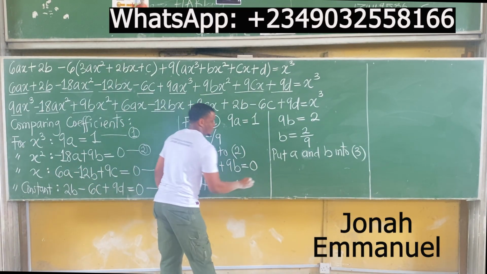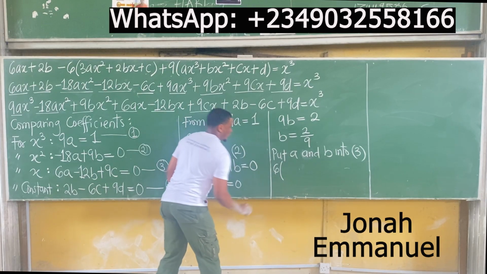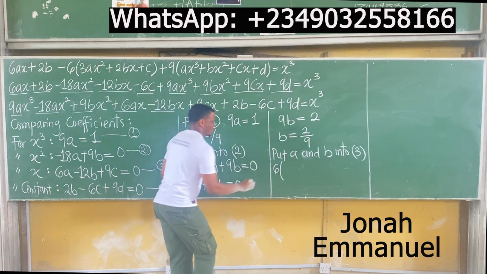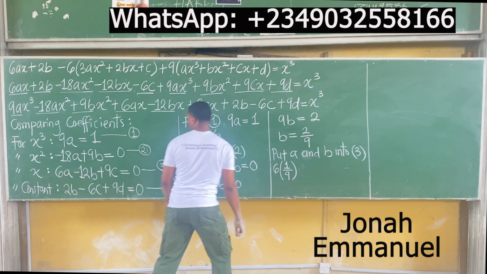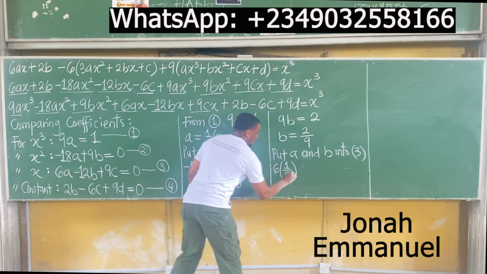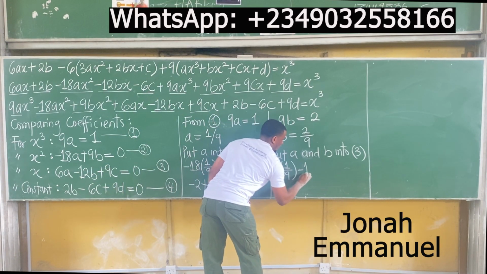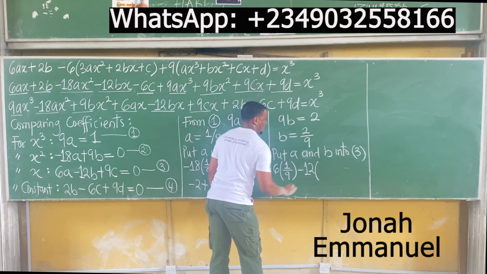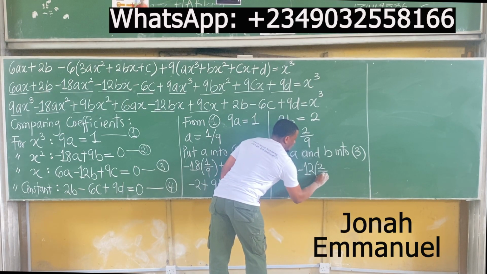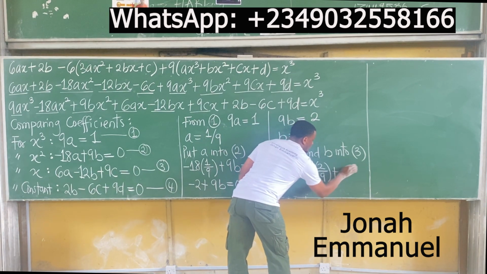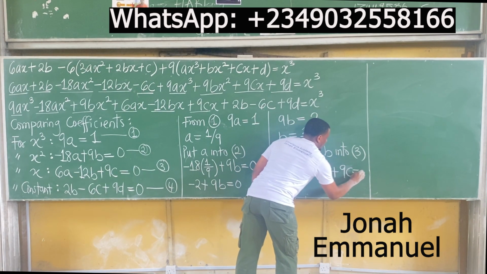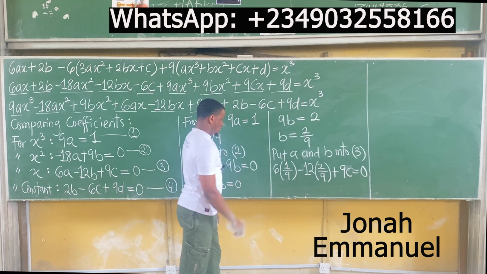6a. That becomes 6 into what's a? 6 into 1 over 9 minus 12b. So minus 12 into b. What's b there? 2 over 9 plus 9c equal to 0.